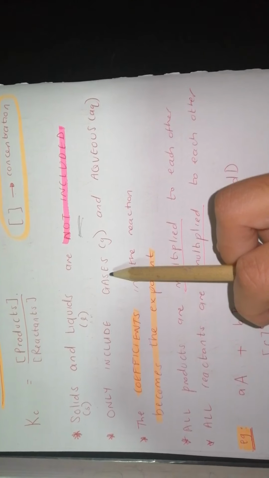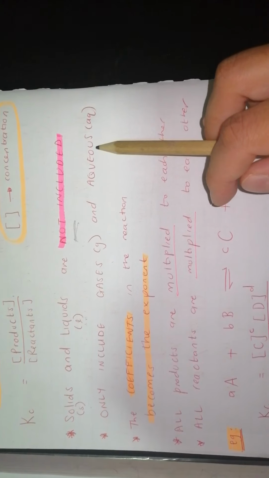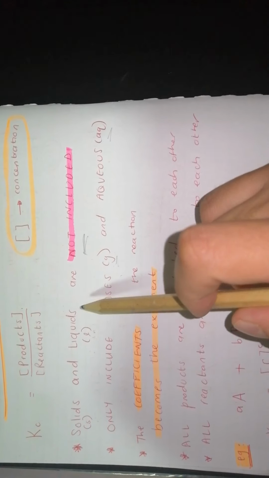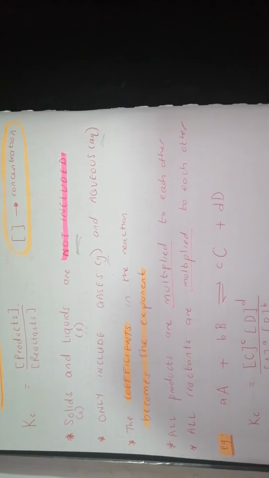The only things that are included in the Kc values are gases and aqueous solutions. And if something is a gas, you'll see a small g next to it. If something is aqueous, you'll see an AQ next to it. So it is important for you now to look at those things in brackets when you look at chemical reactions. So when you are calculating Kc, you ignore solids and liquids and you only focus on the gases and the aqueous solutions.